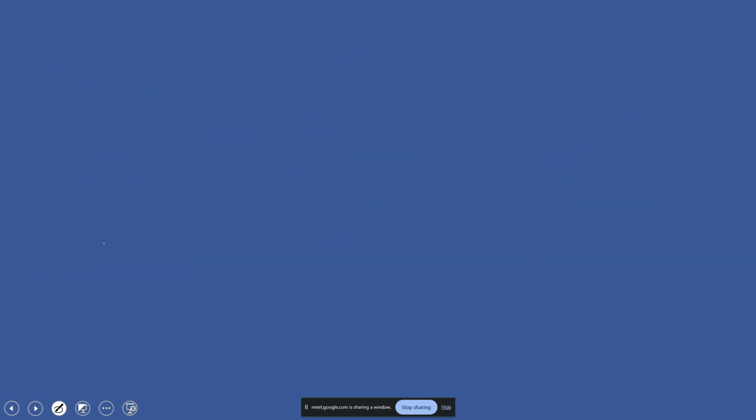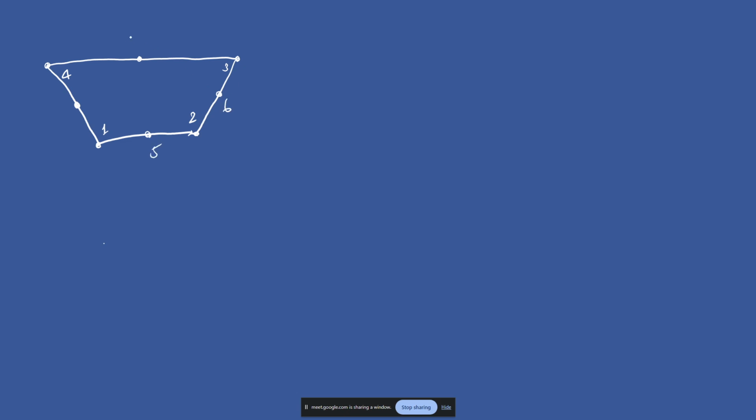So let's try with this. The quadrilateral element which is available there is the 8-noded quadrilateral element, which is 1, 2, 3, 4, 5, 6, 7, and 8, right?